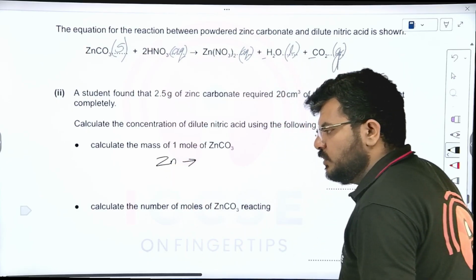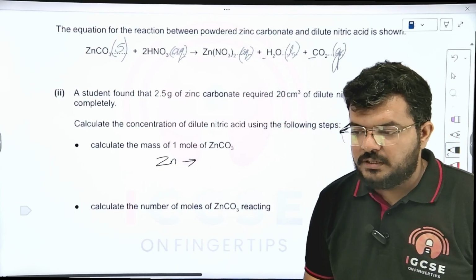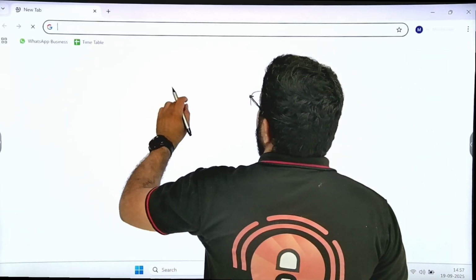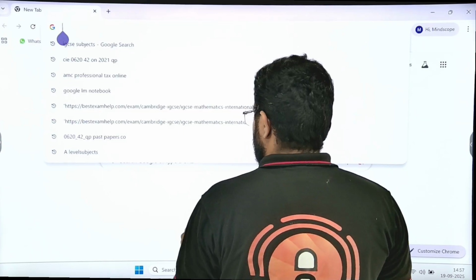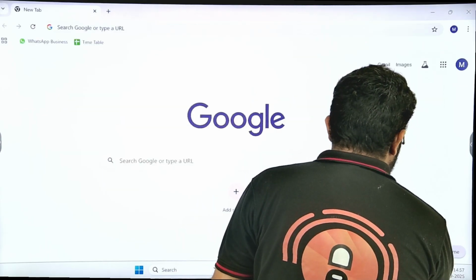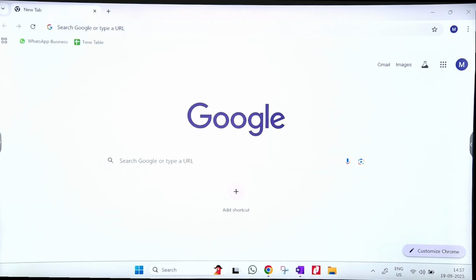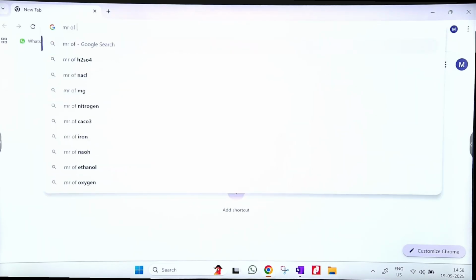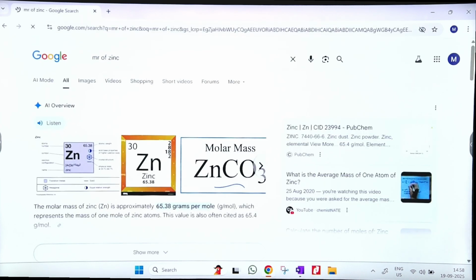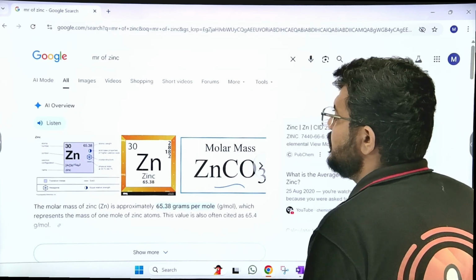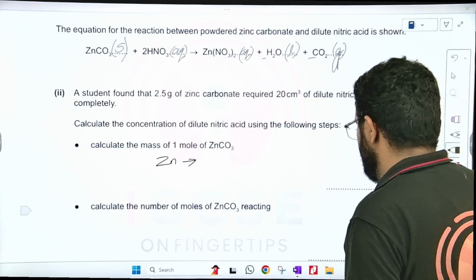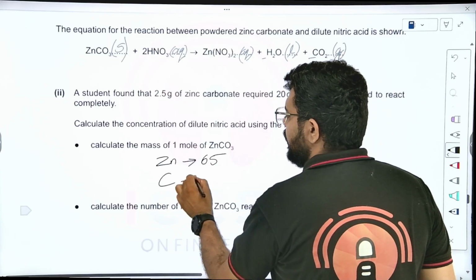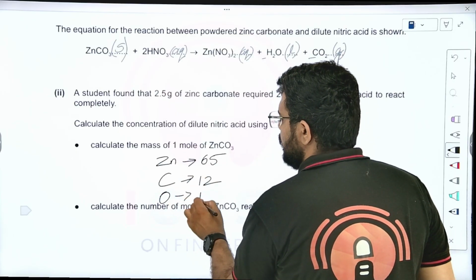Zinc, I don't remember. Let me check. So how do I do this? MR of zinc. Zinc has a mass of 65. Okay, got it. So zinc has a mass of 65, carbon has a mass of 12, oxygen has a mass of 16.